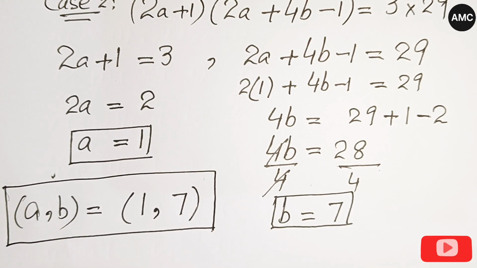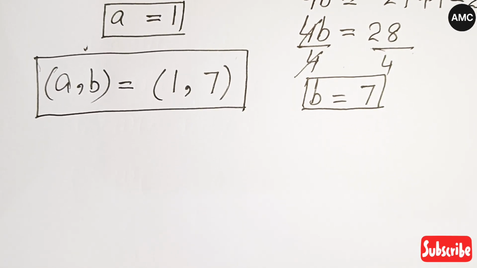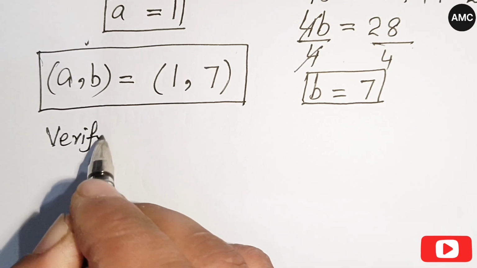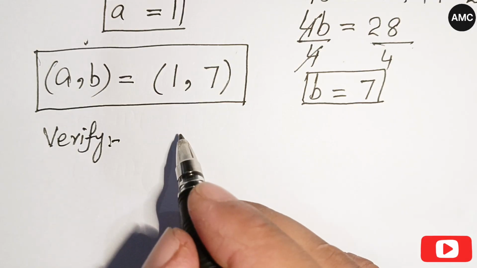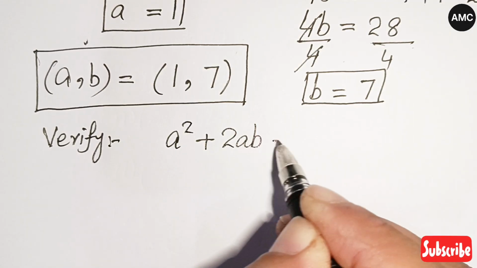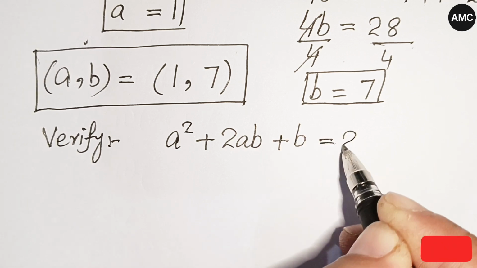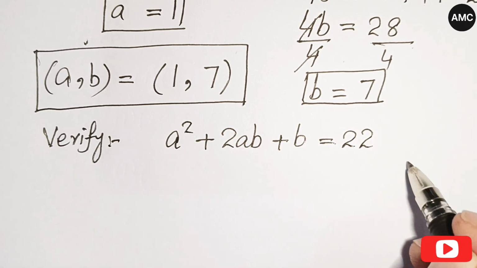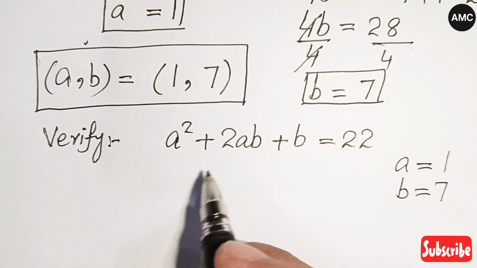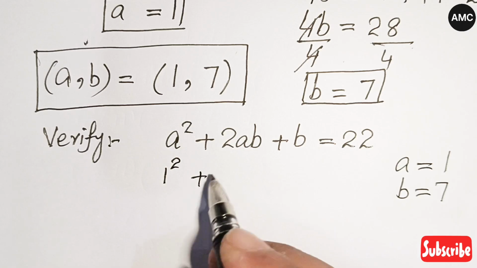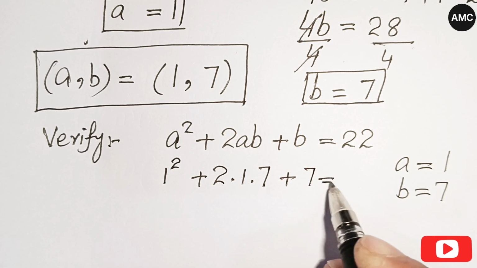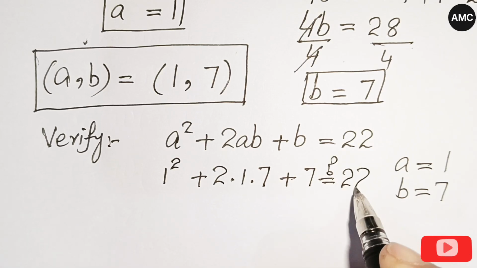Now we have to verify these values for this problem. So for verification, we have to recall our problem, that is a squared plus 2ab plus b is equal to 22. Here we have a is equal to 1 and b is equal to 7. Putting these values, we get 1 squared plus 2 times 1 times 7 plus 7, is it equal to 22?